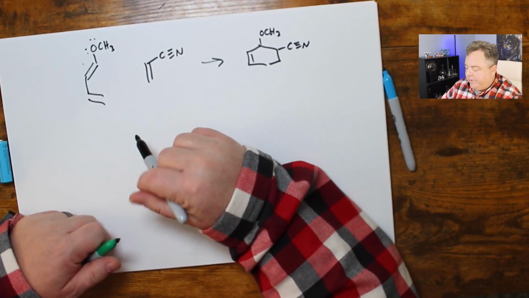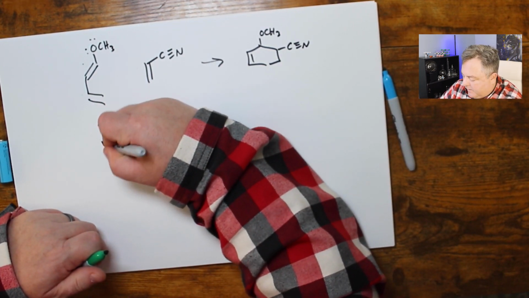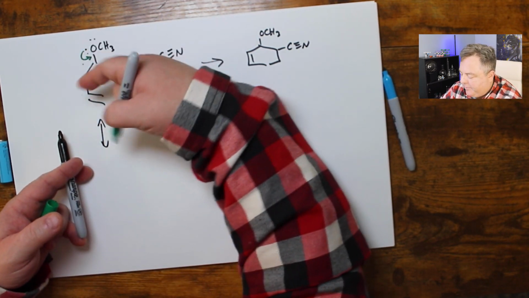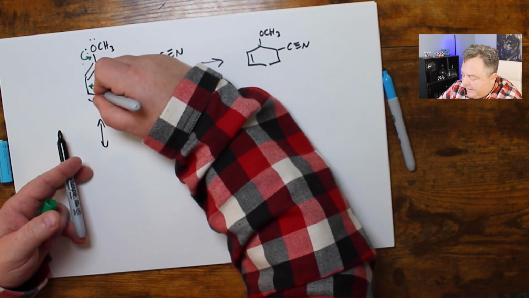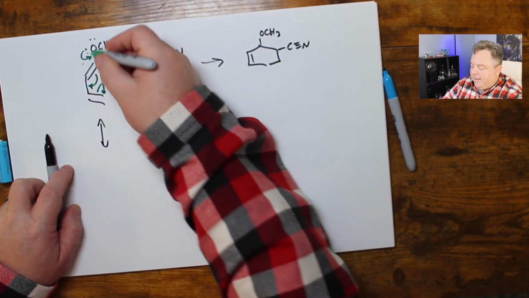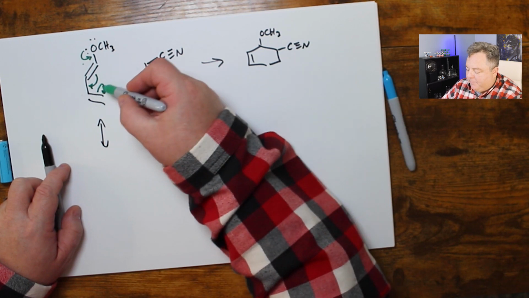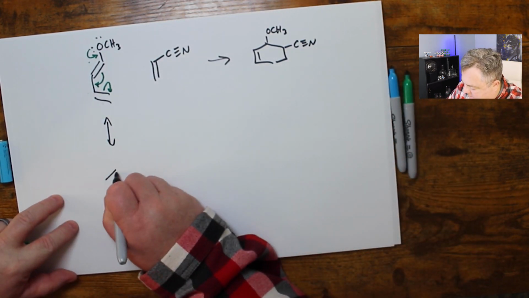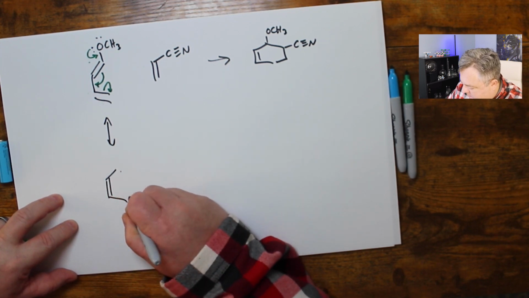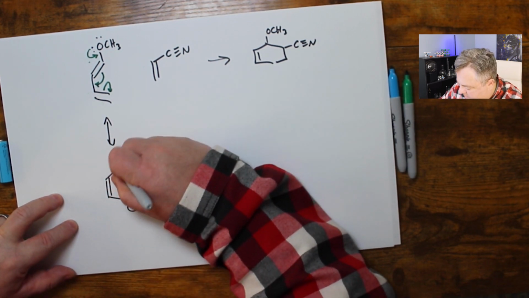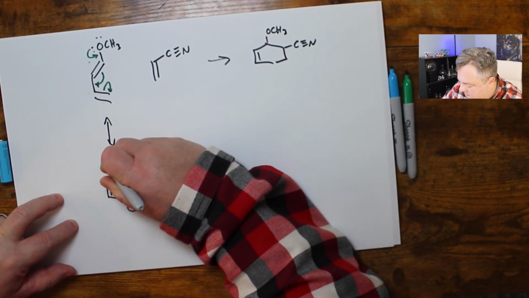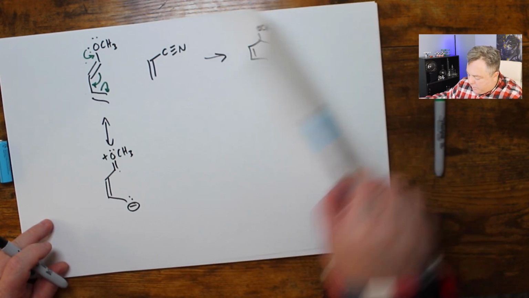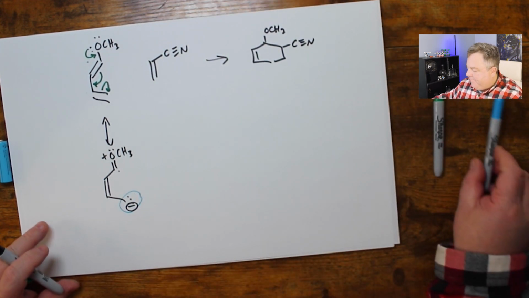So let's analyze this Diels-Alder reaction. I can take these electrons on the methoxy, start to push them into the ring. My diene likes to be electron rich. And I can see if I push those electrons, I can keep pushing, and I can get a resonance form where this carbon atom is very negative on my diene.